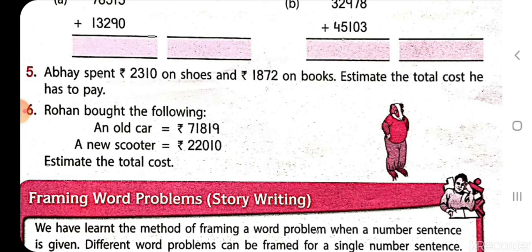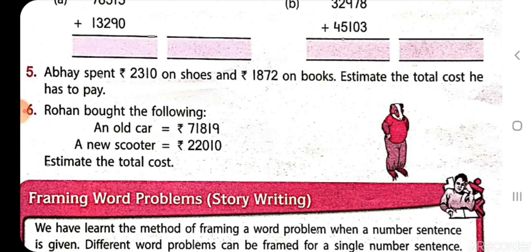First of all, tell me what will be the estimated amount for 2310. If you remember, in our previous warm-up exercise we have already discussed how we will do the estimation.